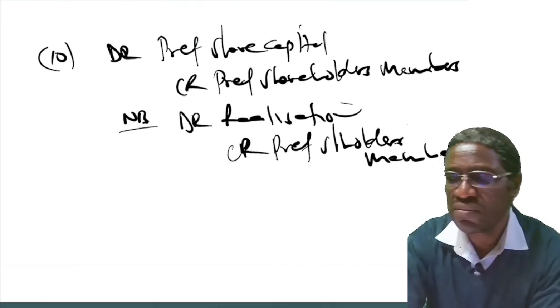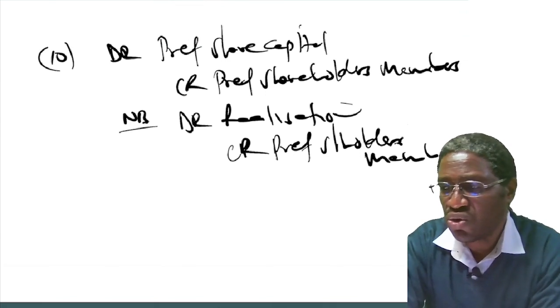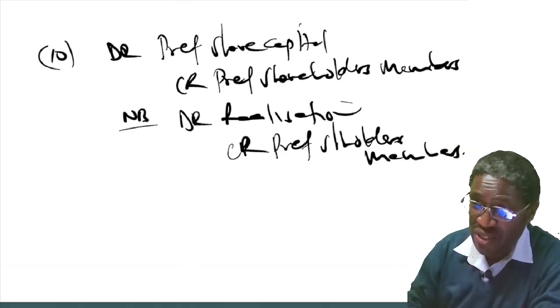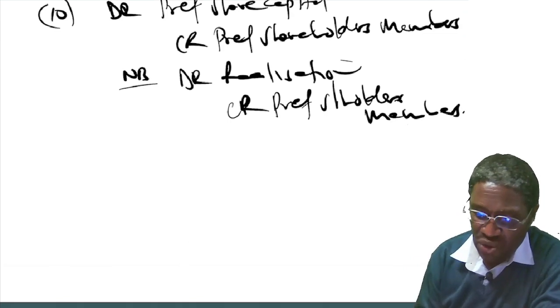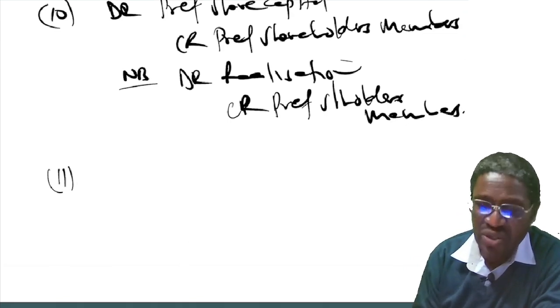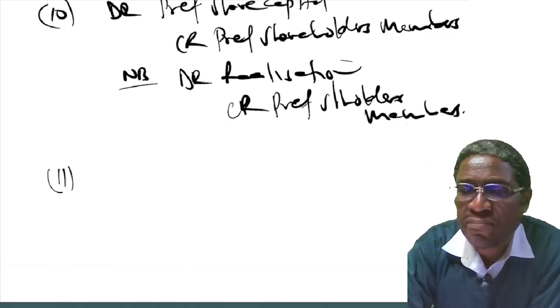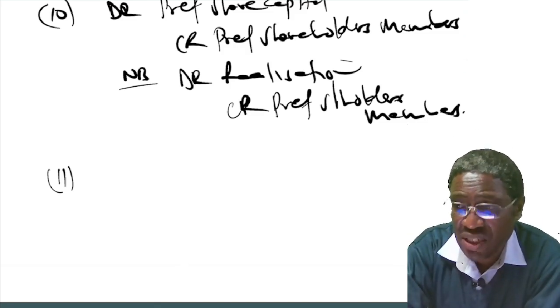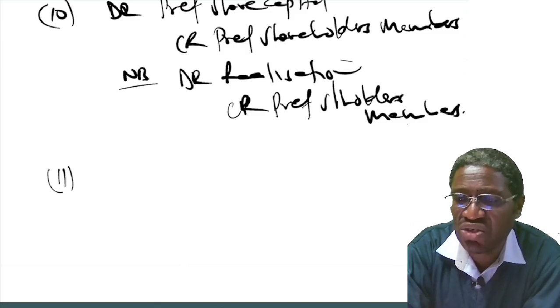We want to go to number 11 now, which we have already discussed, where I took you back to step 3. You remember I told you in step 3 we had to charge the purchase consideration. Now we are receiving. So let's put down the entry.